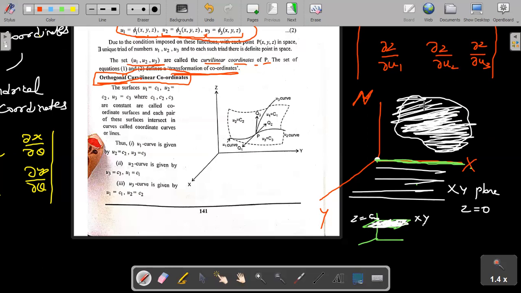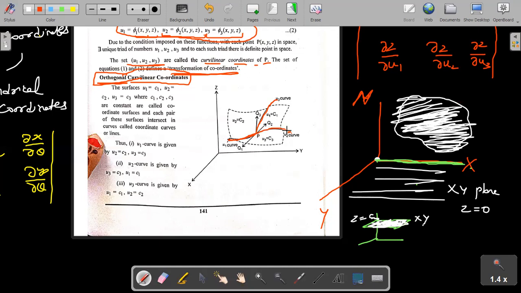So similarly here, if you have three curvilinear coordinates u1, u2, u3, और अगर आप उसको plot करने की कोशिश करो, so they may be any general curves, so three curves. With red pen I have highlighted.